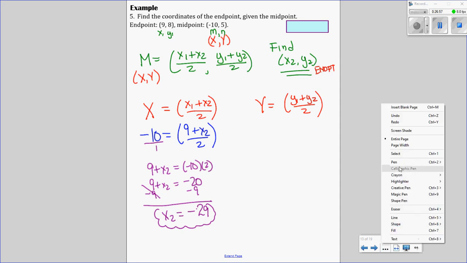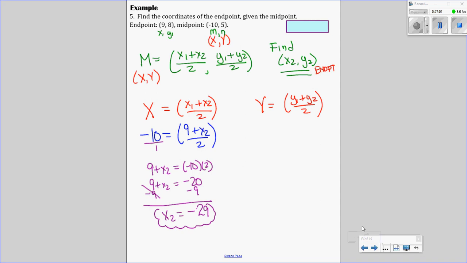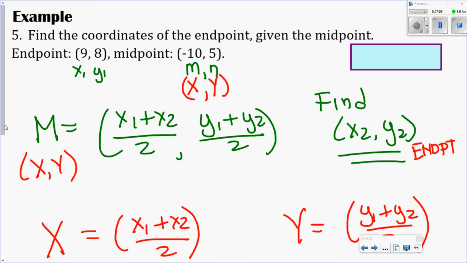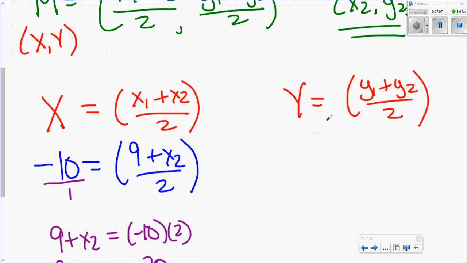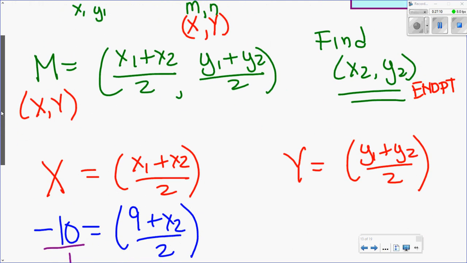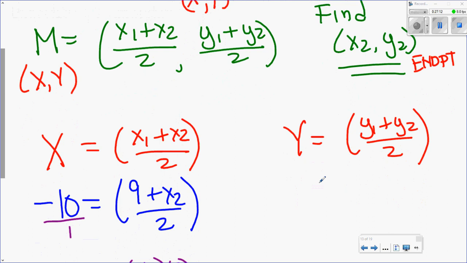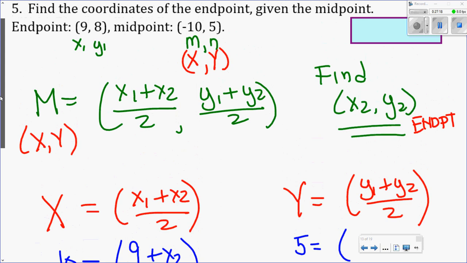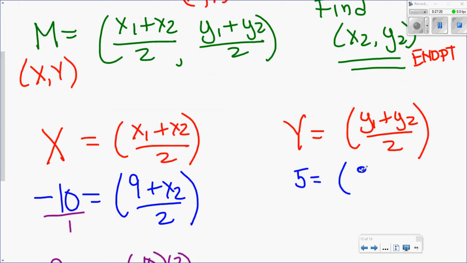Now going back to the y's, because we found the x value, we're going to go and find the y. So we already have big Y, which was labeled as 5. And then we have our y1, which was 8. And we're looking for y2.